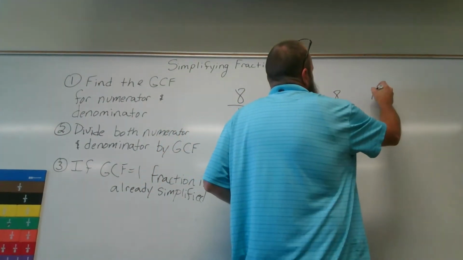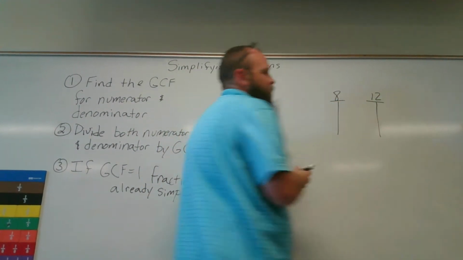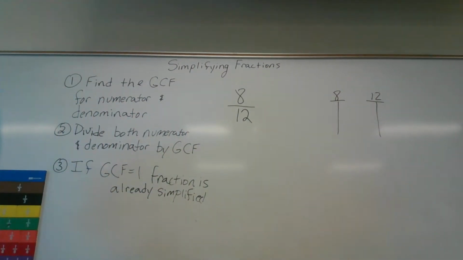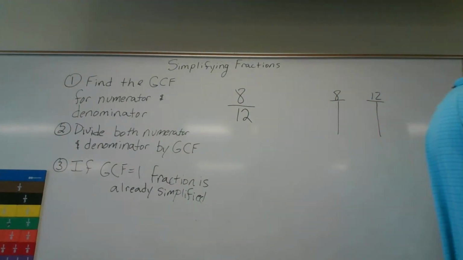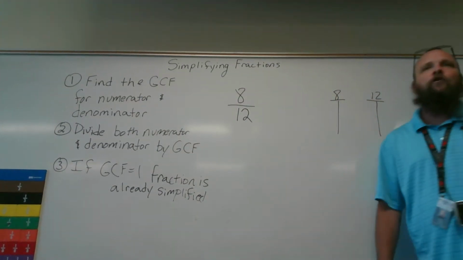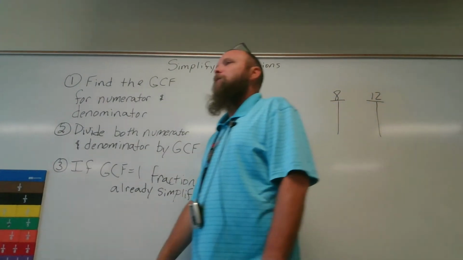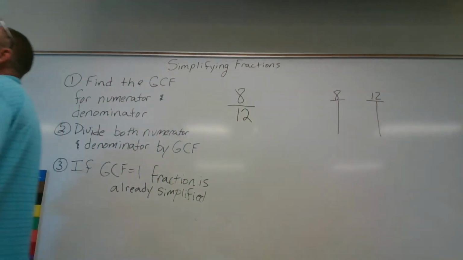So I'm going to list my factors of 8 and 12. I will tell you, for those of you not writing on your desk right now, that using your divisibility rules is very helpful when you're finding the factors of numbers.